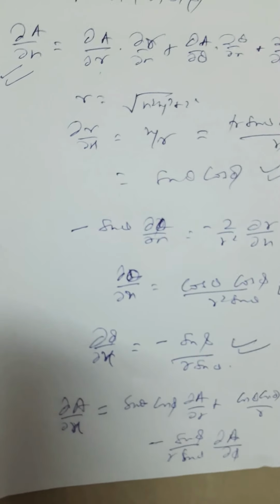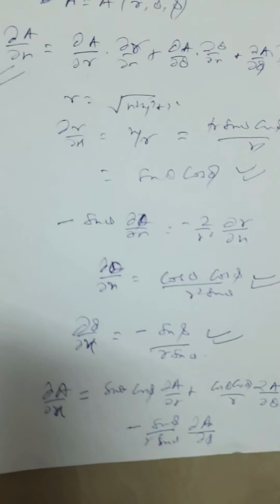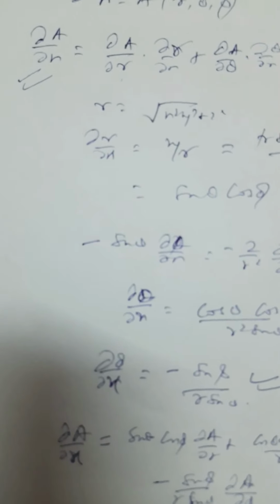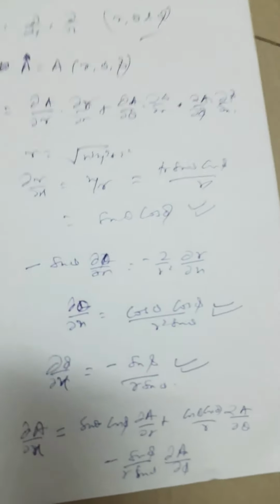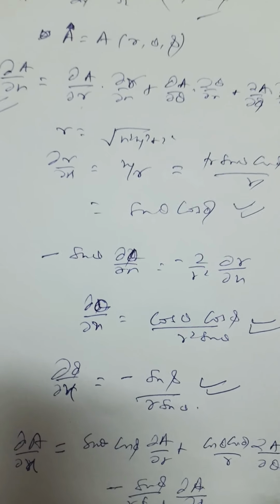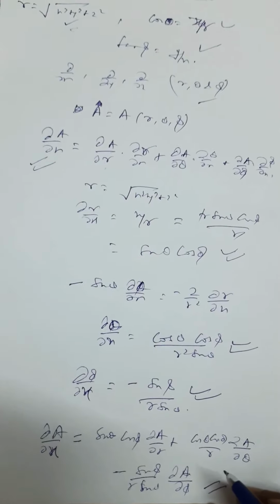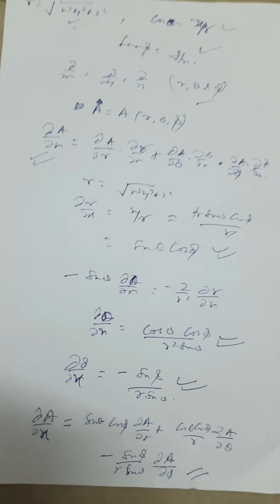Similarly, you'll find del by del y and del by del z, using the same chain relation, and substituting in this particular expression. We'll get the answer for that. So this is how we'll get the expression of the angular momentum in the spherical polar coordinates. Thank you.